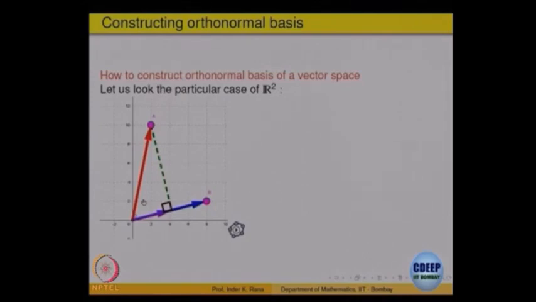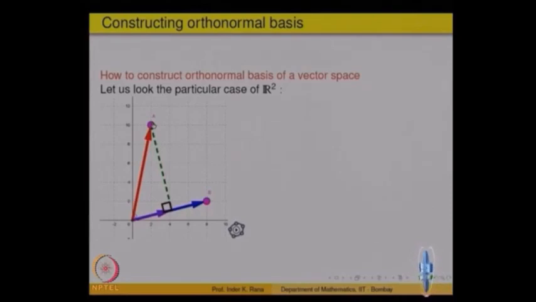See, supposing this red one is one vector, and this is another vector. What is called the projection of one vector on the other? Ordinarily you drop a perpendicular. Projection is just the shadow of something. If you are standing on the ground, what is your projection?